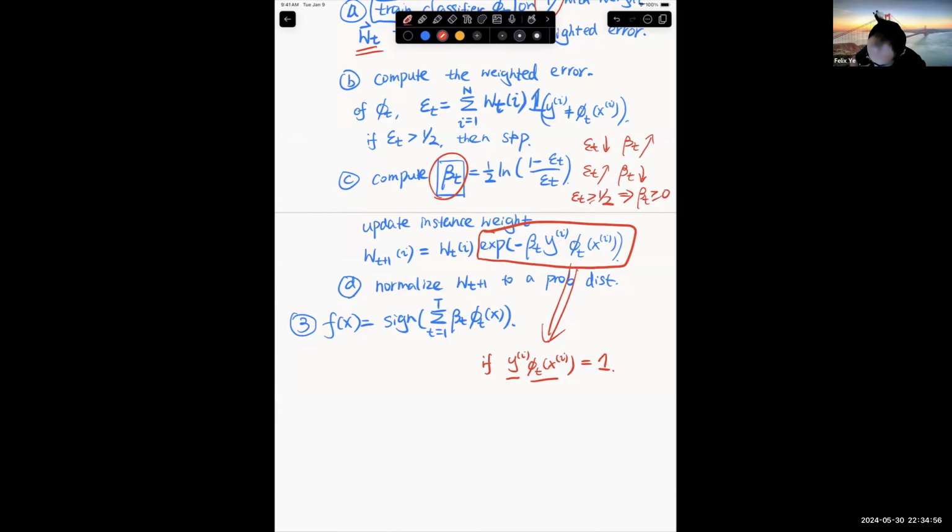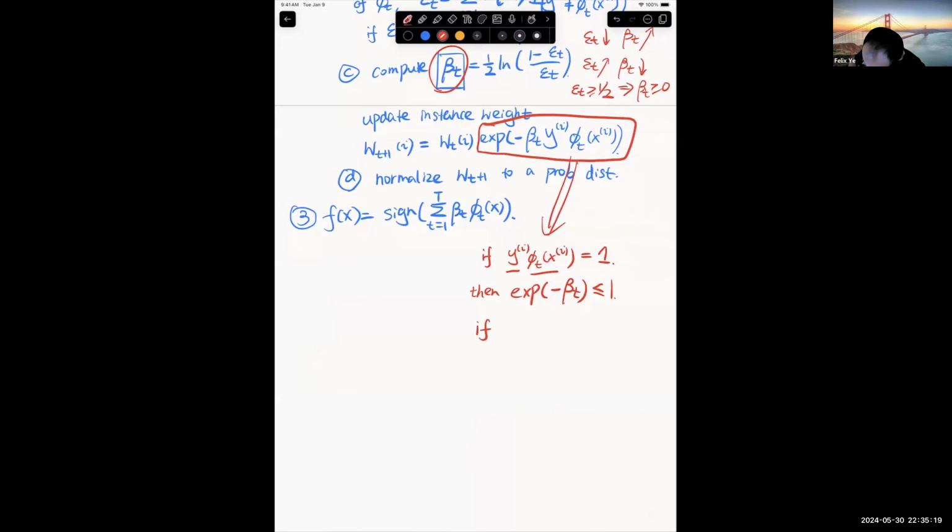And then the weight multiplication becomes exponential minus beta t, which in this case will be less than or equal to 1. So the weight multiplication will be less than 1.